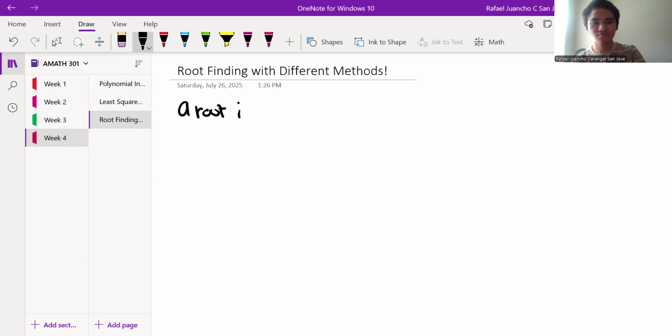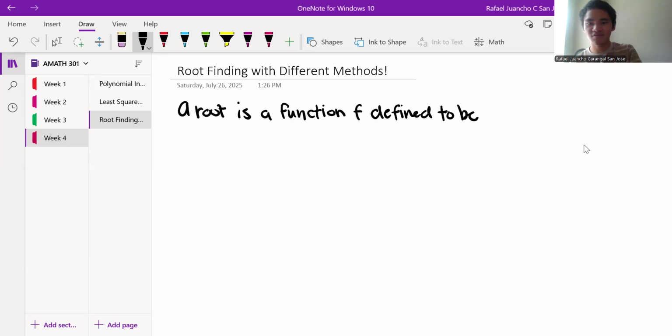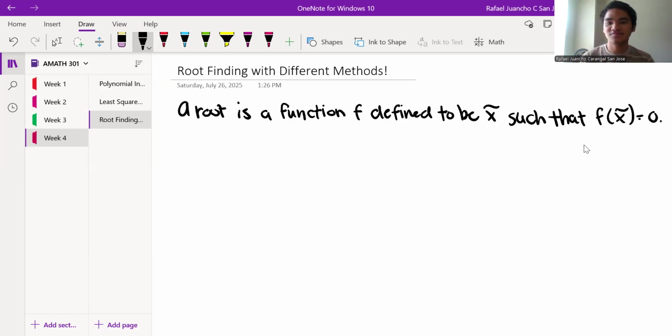A root is, for a function f, some x value, let's call it x tilde, such that when we plug x tilde into our function, it becomes 0. So that's the mathematical definition of it. Yeah, so those are roots.